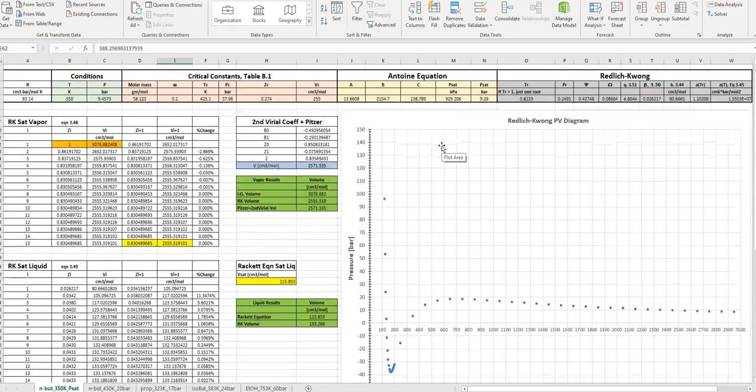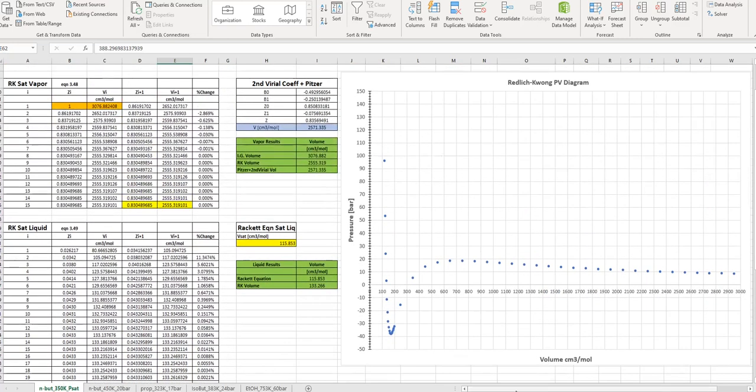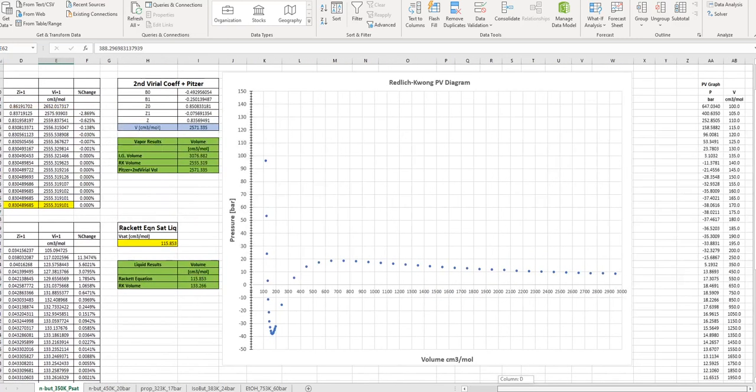Excel is nice for graphing things, so I generated a graph of P versus V, and you can see this is what we have. This cubic equation of state is very unrealistic. Why is that? Because we actually go into negative pressures.